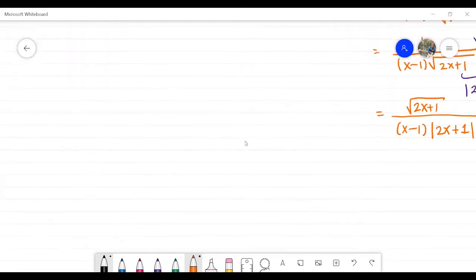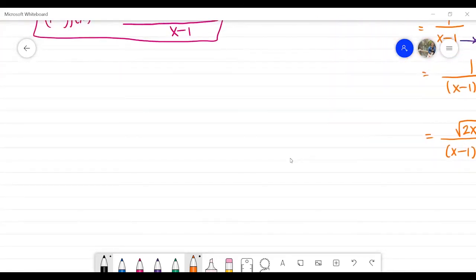Okay? The last thing that we're asked to find is the domain of all of these functions, which is lovely. Okay? So if you remember, we're interested in what's the individual domain of f of x, which was 1 over x minus 1, and what's the domain of g of x, which is square root 2x plus 1.